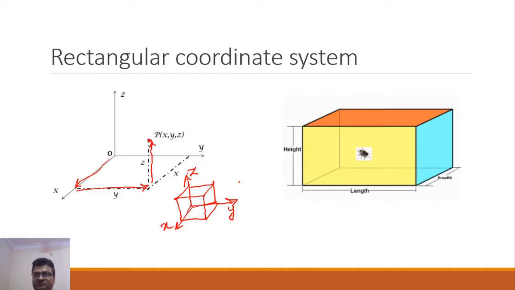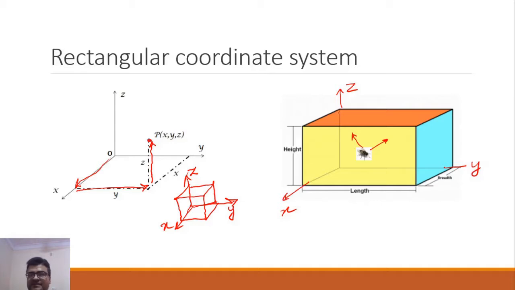Let's say there is a small fly inside the room, and this fly moves anywhere in this room. But to locate this fly, we have only one possible method. We have three axes here. One is z-axis, one is x-axis, and one is y-axis.